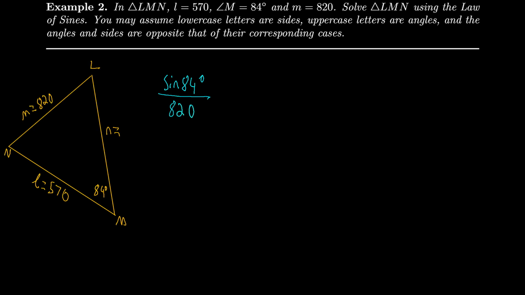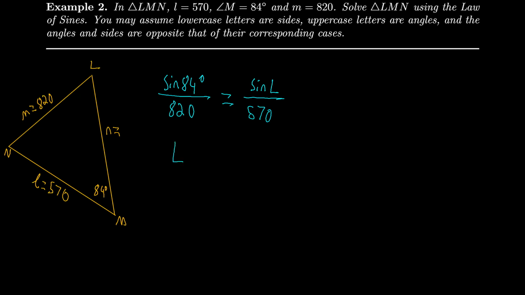That's the relationship that we knew. We knew that the sine of big M over little m, that ratio is what we're going to equate with. Now we're going to say this equals, and we're going to try to use this remaining piece of information. The l is 570. So that was a side. Since the side went on the bottom over here, it goes on the bottom over here too. And since this was little l, then what we're talking about up here is the sine of big L. So I guess we're solving for big L.